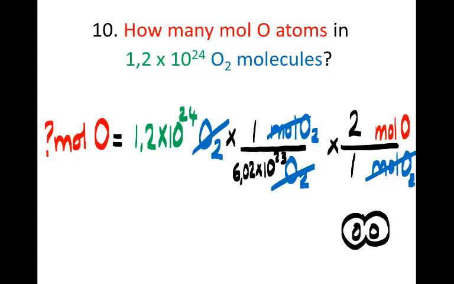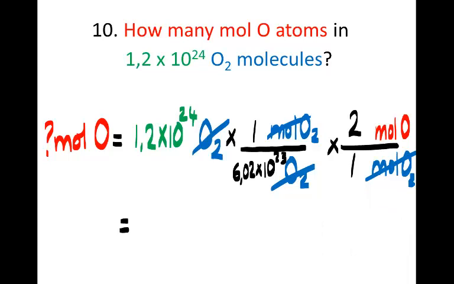Okay, imagine you have 6,02 times 10 to the power 23 of them, then you have a mole of this. Then you break it up so that you now have 2 piles, each with only O's, not O2's, and each pile will still be a mole big, but now a mole of O, not a mole of O2. So that's why 1 mole of O2 is the same thing as 2 moles of O.